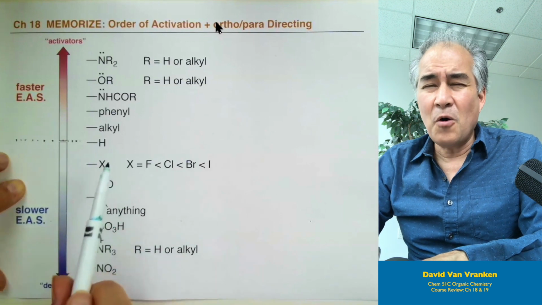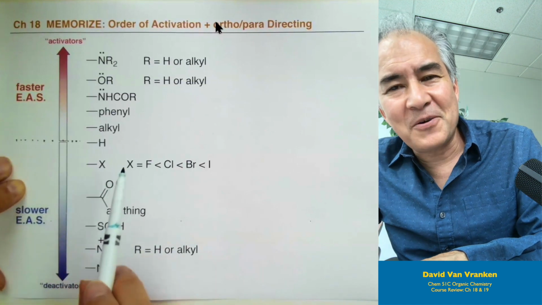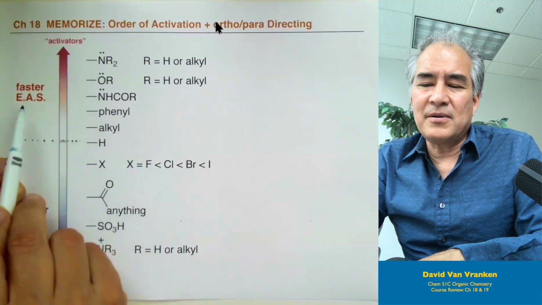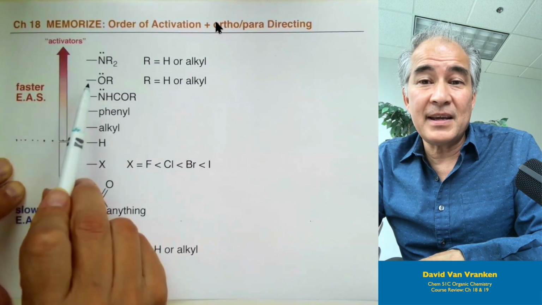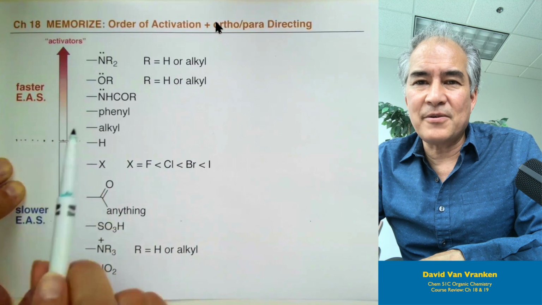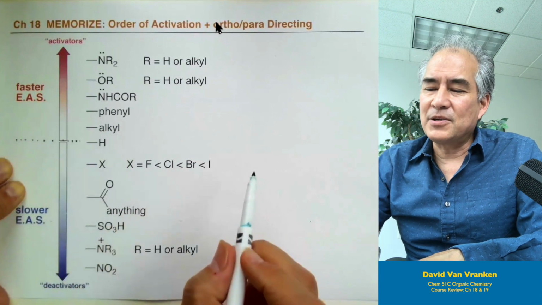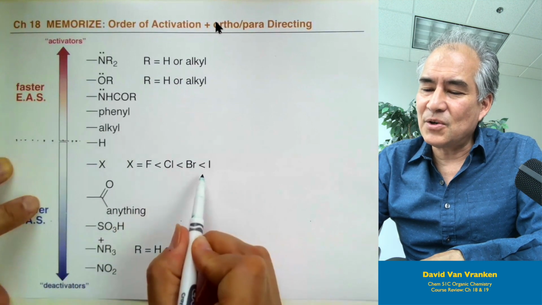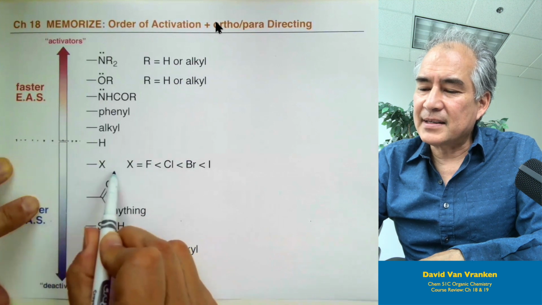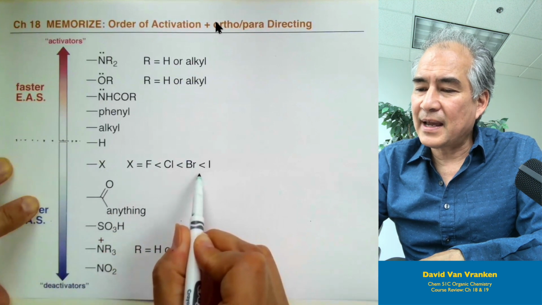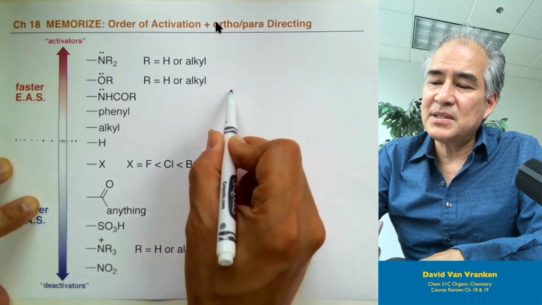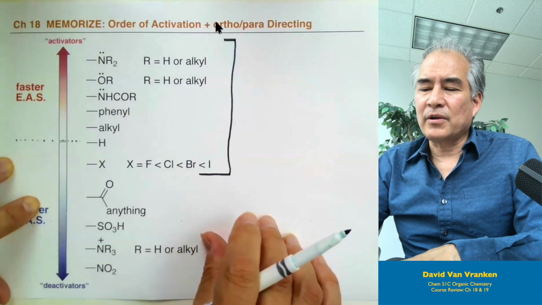Now, there's almost a perfect correlation between whether substituents activate or deactivate benzene rings and whether they are ortho, para, or meta-directors. And let me just remind you that anything like halogen or more activating is going to cause the next substituent to go ortho or para.